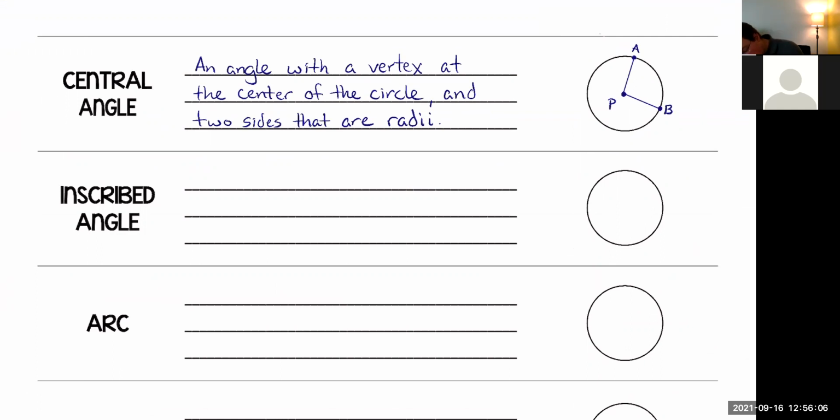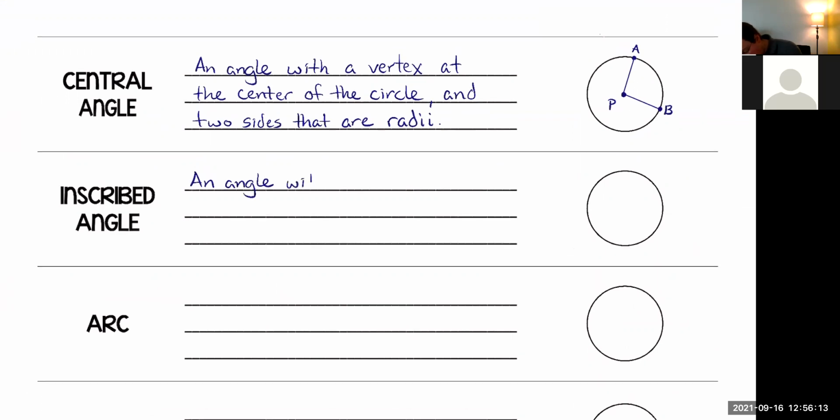So an inscribed angle is an angle with a vertex on the circle and two sides that are chords.